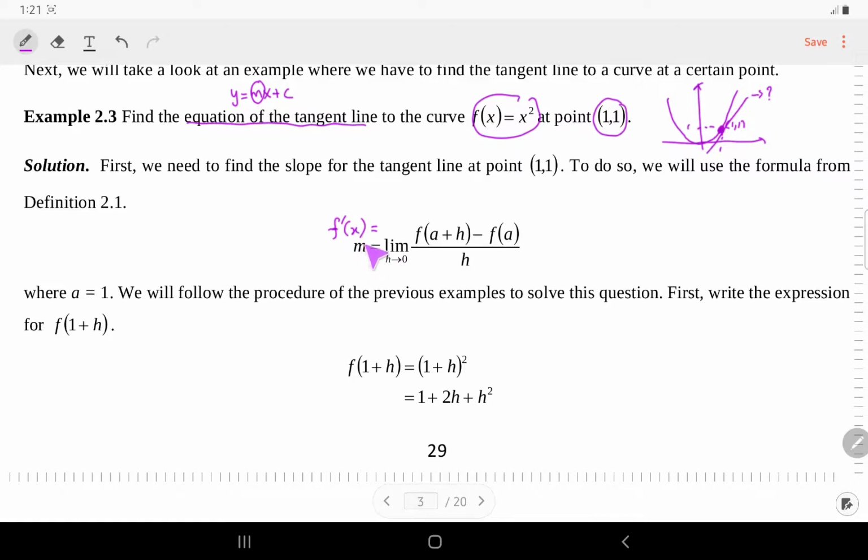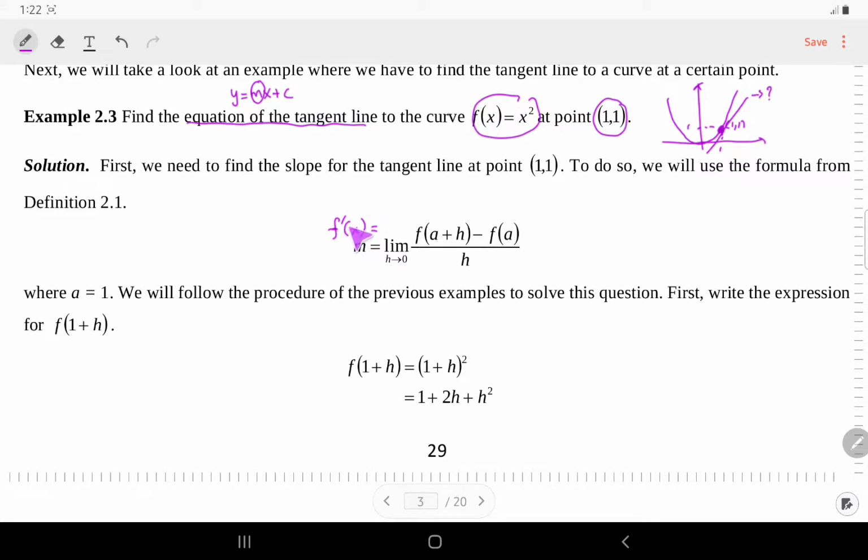So if we want to find m, okay, what is m? M is the slope of the tangent, equation of tangent line. So in order to find what is our m, we need to find the differentiation of this function.